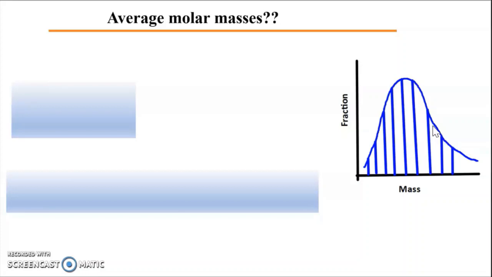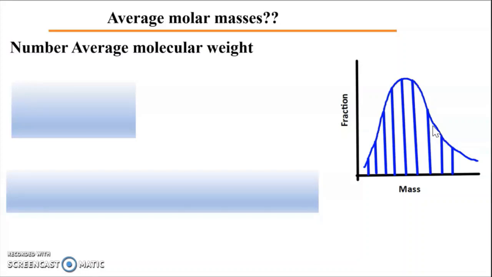Okay, so how can we deal with a parameter that can help us to quantify the molecular weight of polymers in an average way? We'll have two kinds of average molecular weights. Here we have the number average molecular weight.